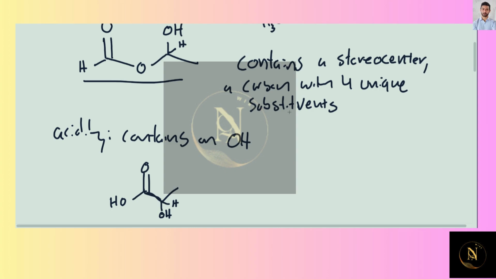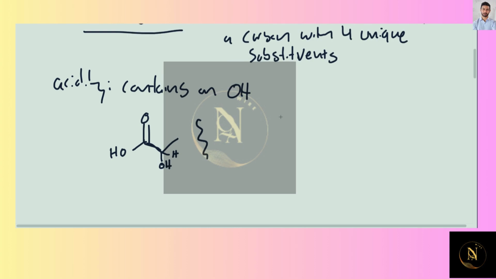Okay, what is the structure of X? Well, it's very likely this. This is very likely the structure of X. Is more than one structure consistent with all the data? Yeah, I'd say that, right, it's not perfect. But this is also somewhat possible. This is technically an acidic proton, right? It's not as acidic as this proton.